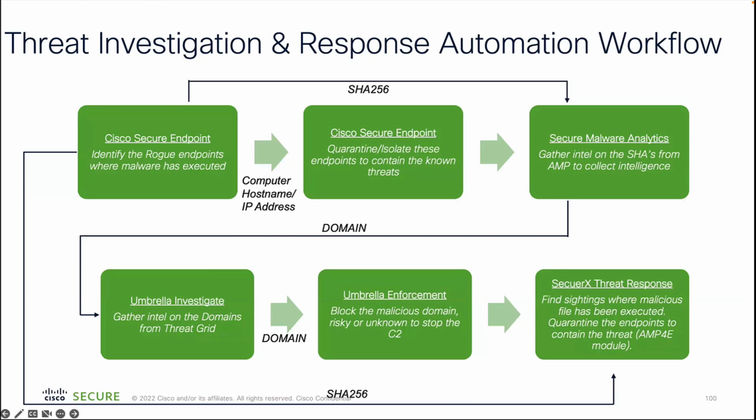And we will use Umbrella, which is our DNS security and secure internet gateway solution, to find intelligence information about those domains. Are they malicious or not? We will find out they're malicious, and we will block those domains in our DNS security solution using the Umbrella Enforcement API. And then tomorrow in the SecureX module, and I have a typo, in the SecureX module, we will do the same, but using SecureX APIs, which aggregates all of that data, essentially.